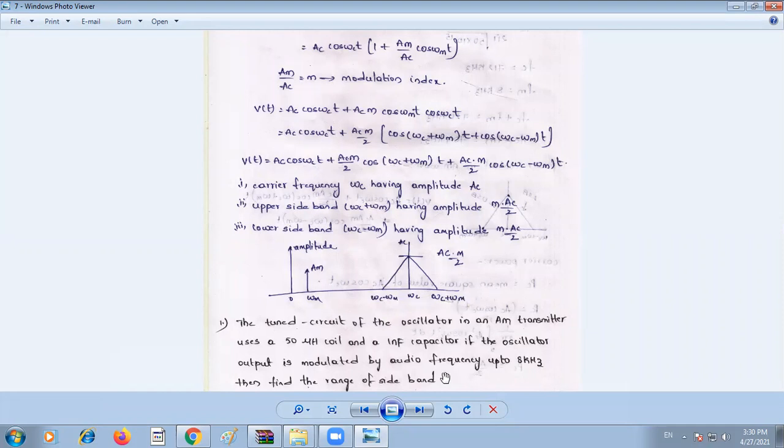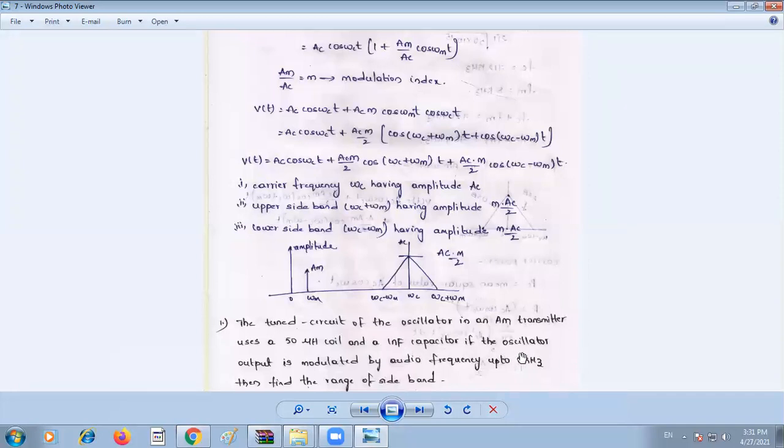Now, from this, the exam may ask some simple problems. Students, see that it is a simple problem. A tuned circuit of the oscillator in an AM transmitter uses a 50 microhenries coil and 1 nanofarad capacitance.